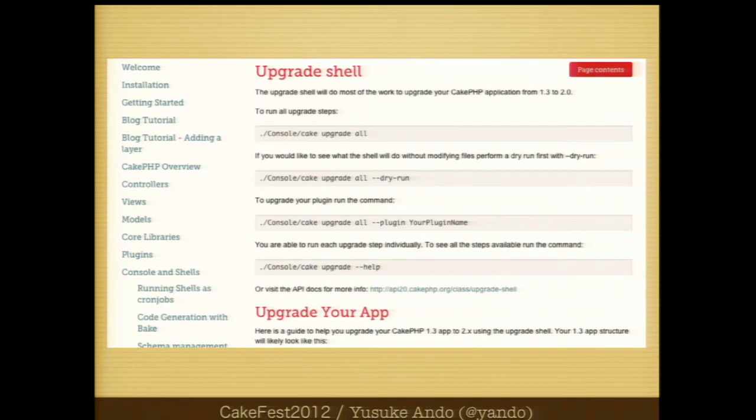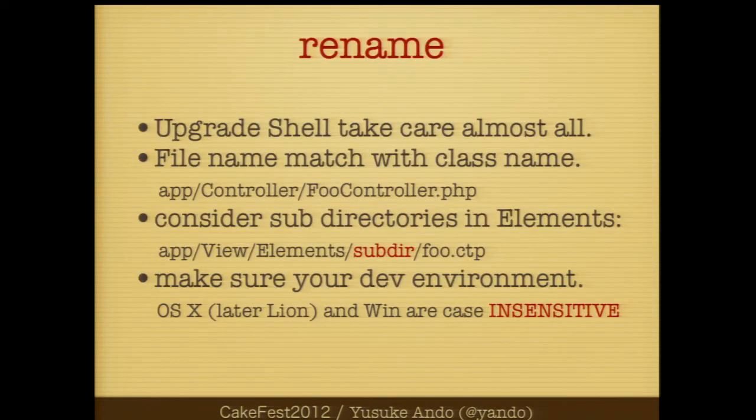Yeah, so upgrade shell, it's good, but also there's something upgrade shell doesn't do. Yeah, renaming is one good example. The upgrade shell will rename whole controller classes, model classes, and the name of the view files.